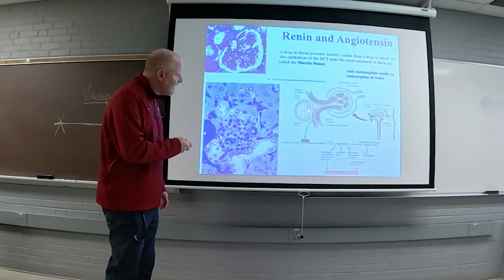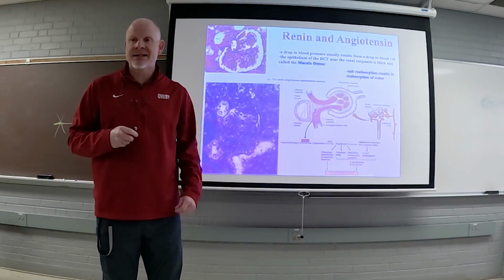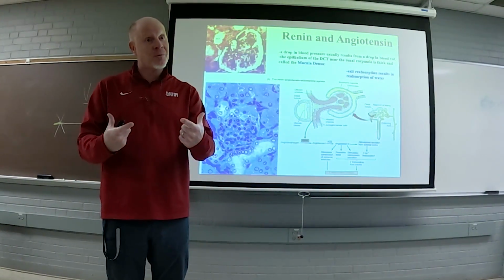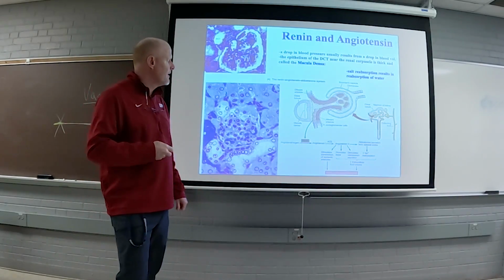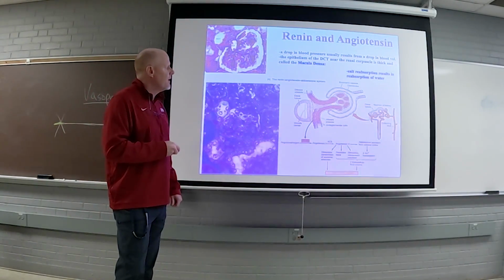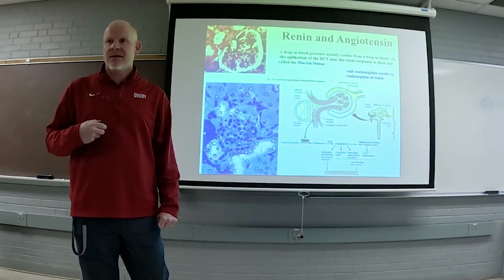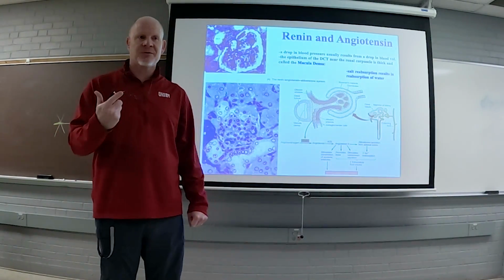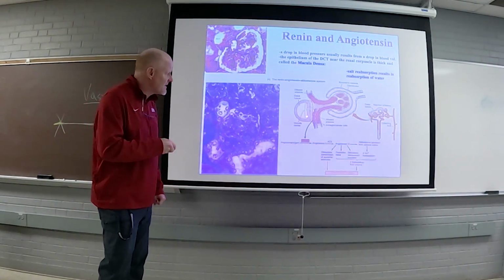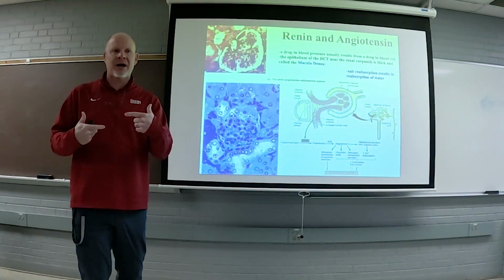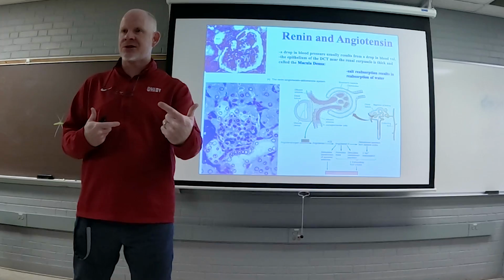The macula densa can sense that. It can sense a drop in sodium chloride below what's normal, right? It's the controlled condition because flow rate is too slow. When it does that, it stimulates the juxtaglomerular cells to release renin by sensing sodium chloride.